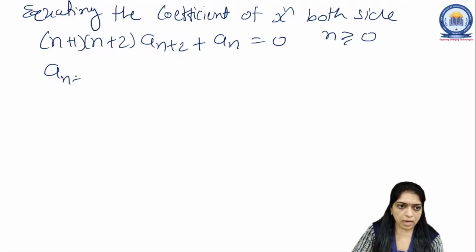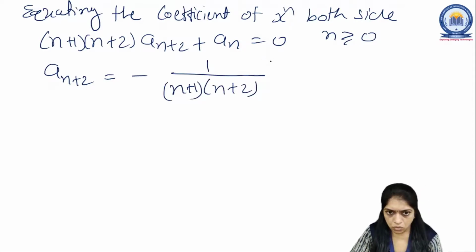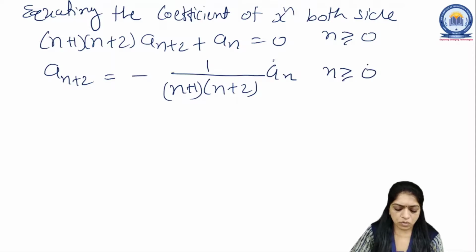So a n plus 2 is equal to minus 1 upon n plus 1 into n plus 2 into a n, where n is greater than or equal to 0.